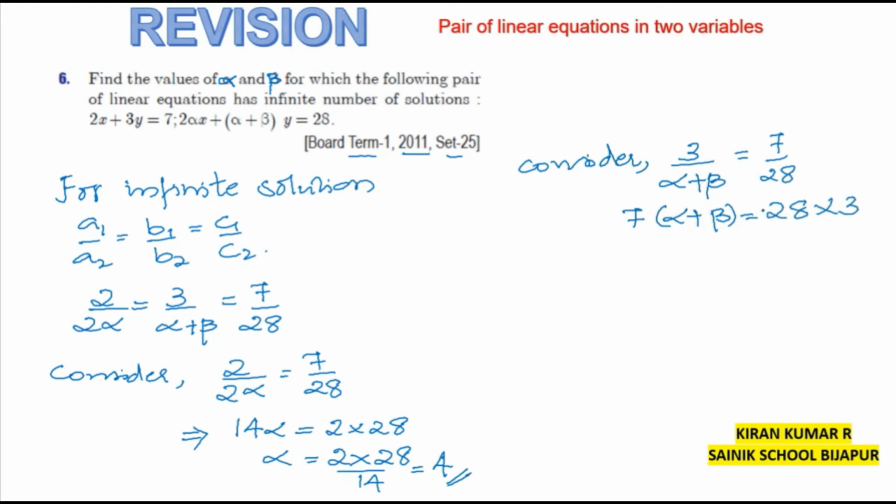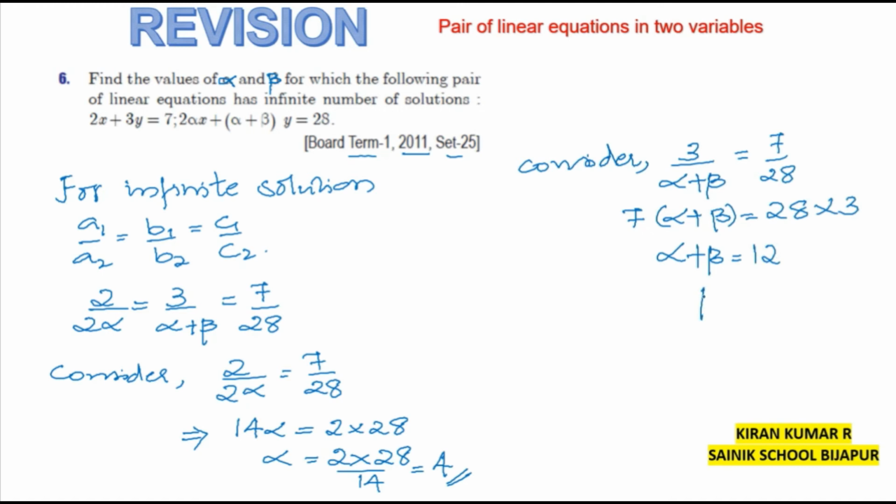I am not multiplying. The reason is this 28 is a multiple of 7. So alpha plus beta will be, upon cancelling, 28 is 4 times 7, we get it as 12.